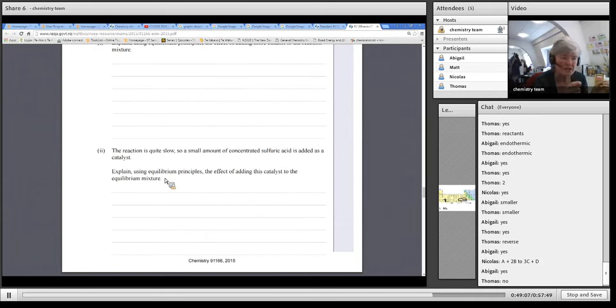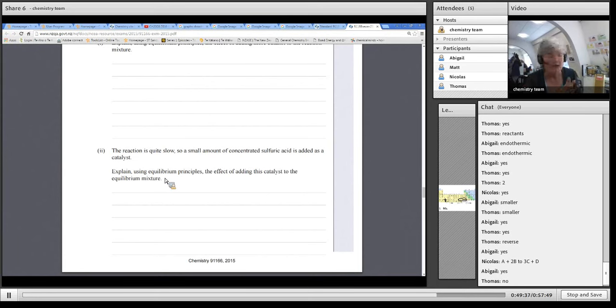But if you add the sulfuric acid as a catalyst, then the reaction is going to go to completion a lot faster. So if it wasn't in equilibrium, it will now get into equilibrium much faster, because we're increasing both the forward reaction and the back reaction, and once it's in equilibrium, the forward and back reactions are happening a lot faster as well.